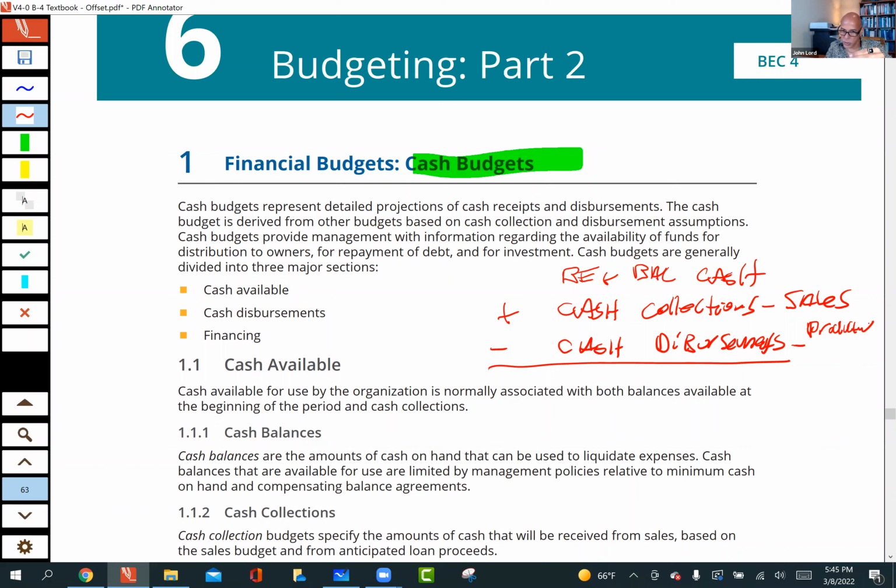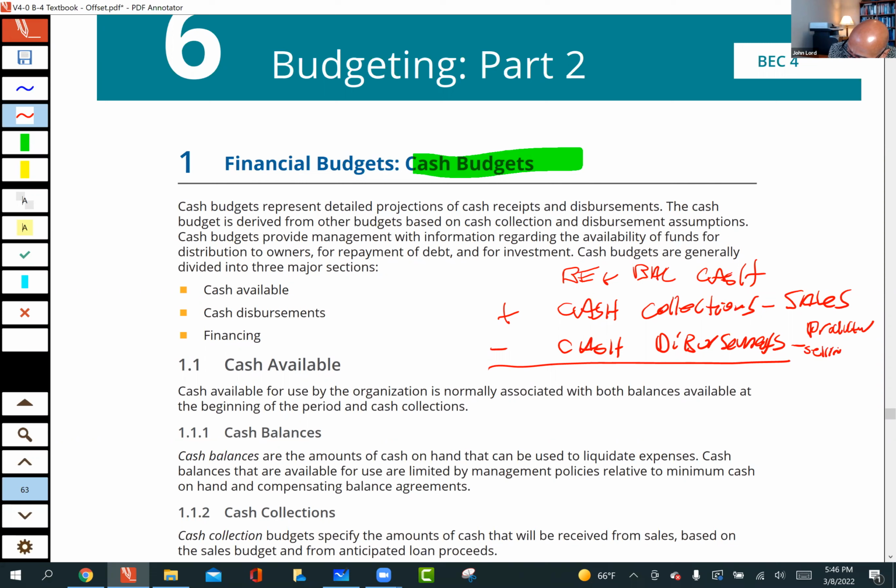And that's where it gets tricky, because manufacturing overhead has depreciation sitting in there, and depreciation doesn't use cash. So you always have to read the question carefully. If they're including depreciation as part of the overhead cost, you've got to be careful to adjust that for your cash budget.